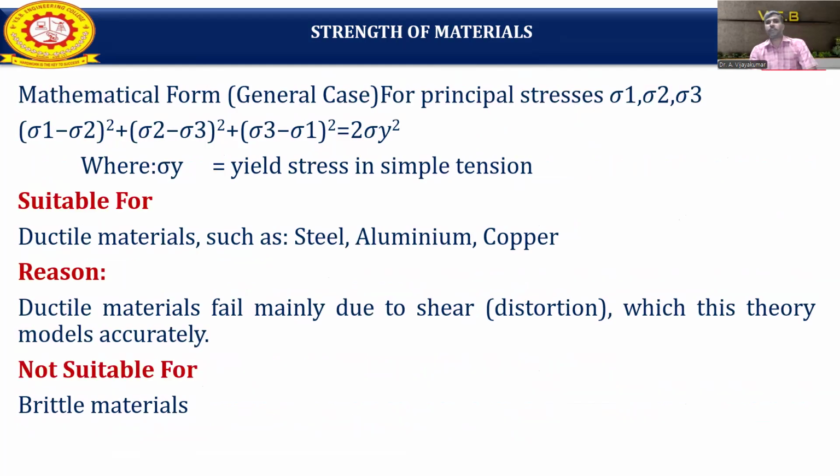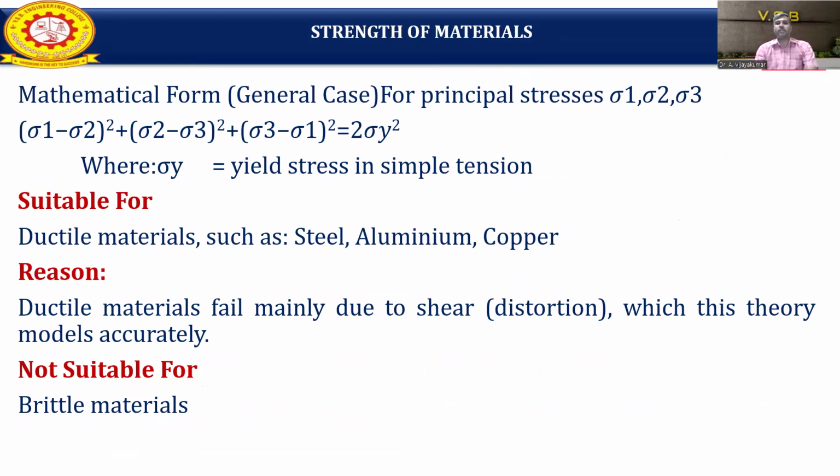Mathematically, we write it in terms of sigma 1 and sigma 2, where sigma y is the yield stress in simple tension. When conducting the simple tension test, we can see sigma 1, sigma 2 and sigma 3, which are different types of stresses. This theory is most applicable for ductile materials only.